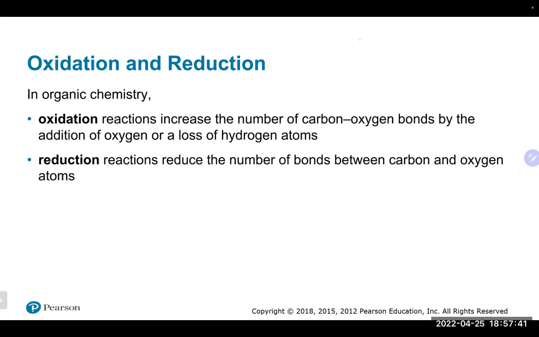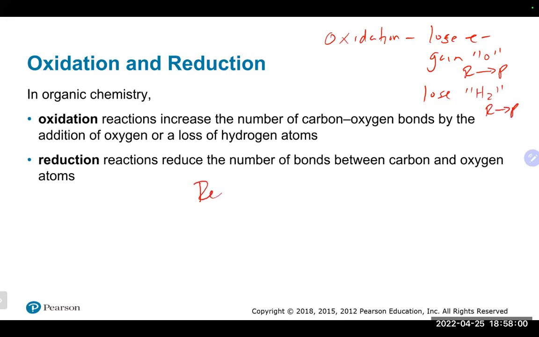There are a few definitions of oxidation, but a couple of definitions are they lose electrons, it gains oxygen as it goes from reactants to products, and it loses hydrogen as it goes from reactants to products. Reduction is the opposite. It will gain electrons. It will lose oxygen as it goes from reactants to products, and it will gain hydrogen as it goes from reactants to products.